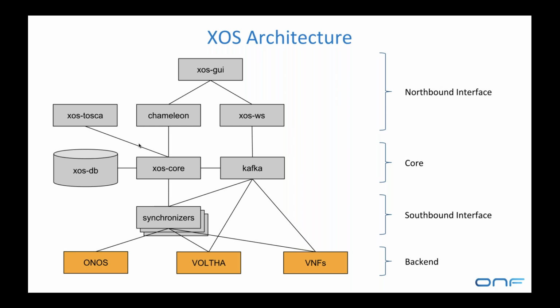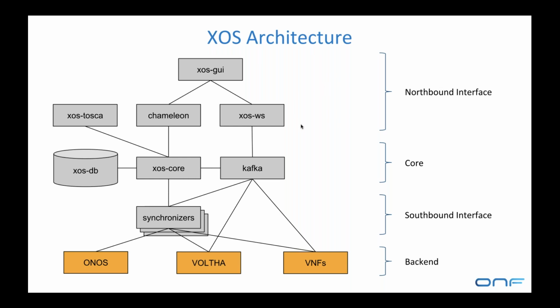But external components are also welcome to directly interact with that gRPC interface instead of using REST or Tosca or other systems. So logically, the abstract OLT sits at the same layer as the northbound interface and directly talks with the core. Does that answer your question? Yeah, I think so.